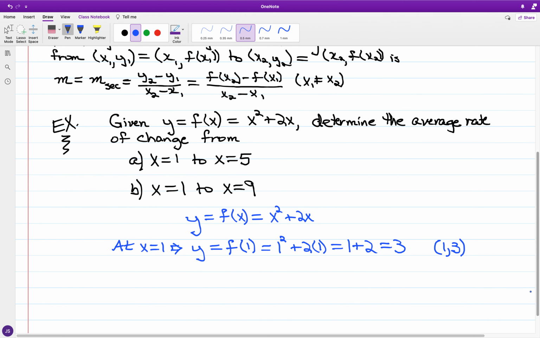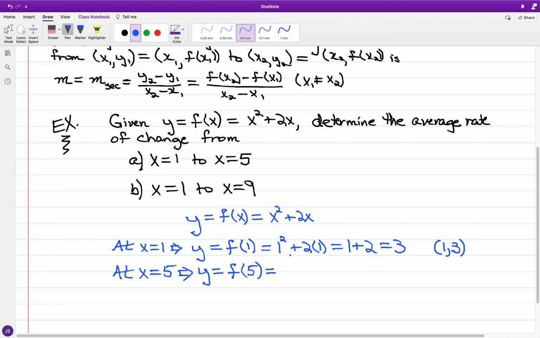Now we have x equals 1 to deal with. Also we have x is equal to 5 to work with. So you have y is equal to f of 5.